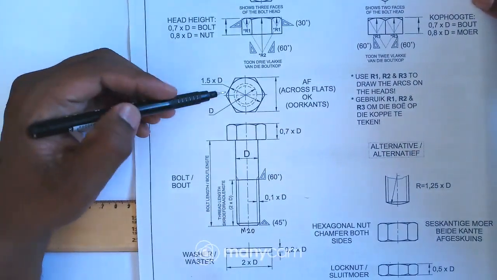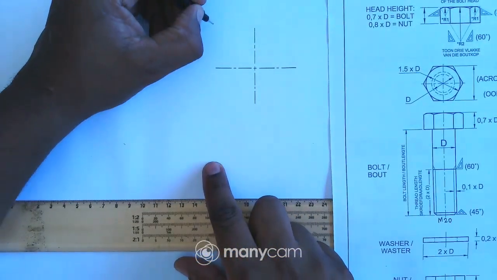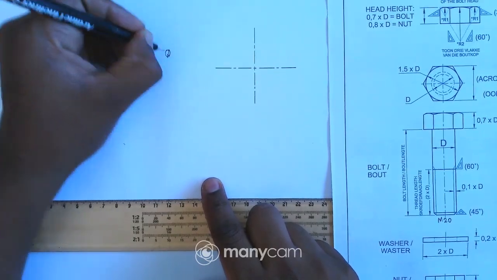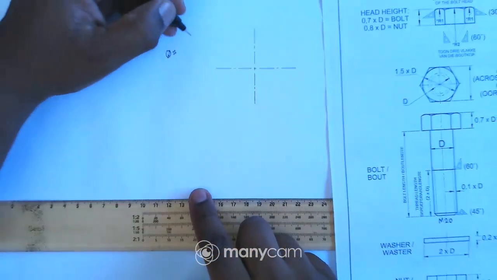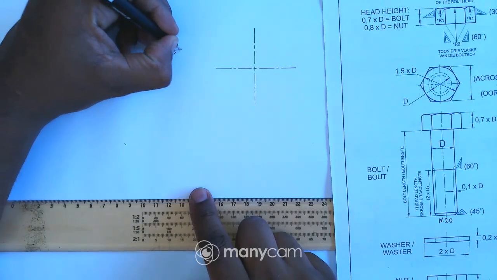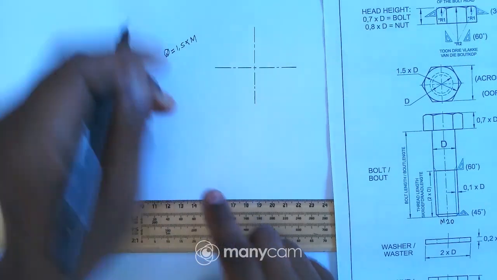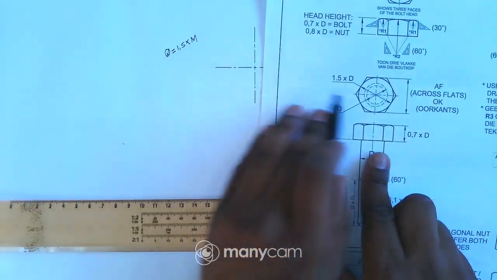So obviously I have the formula there. The formula is, obviously I want to find the diameter of this circle. So the diameter will be equal to 1.5 multiplied by the m value. I normally write the formula like this with the m instead of the d.